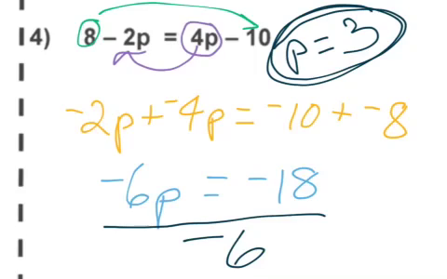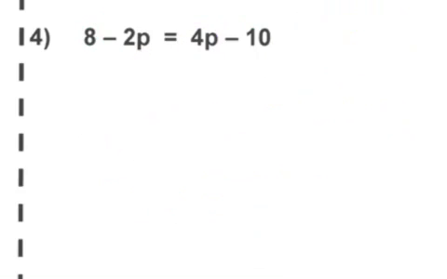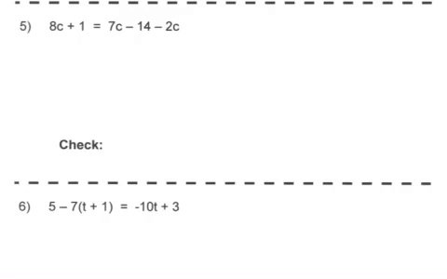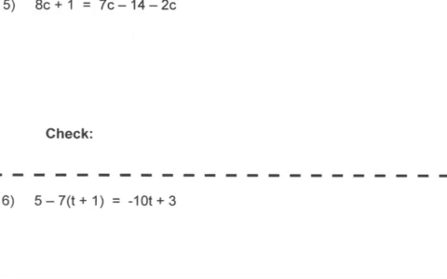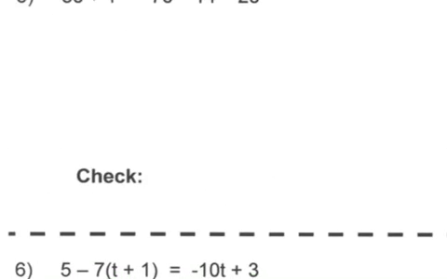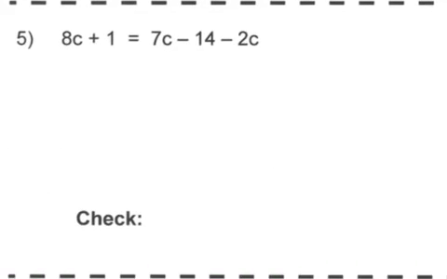Go on to the back page, 2 more examples, and we should be done in less than 12 minutes. Question number 5, example number 5, I should say. Let's get some more room. Well, this adds a little bit of a step in that we should combine these 2 terms first before we move it.